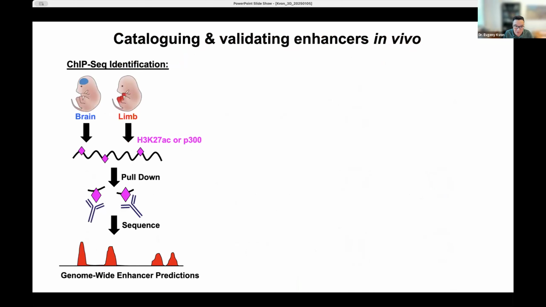To exemplify, this is a typical method used in mouse embryos to identify putative enhancers. We isolate the tissue of interest from a mouse embryo, and then we perform ChIP-seq with an enhancer-associated histone mark, such as H3K27 acetylation, or P300. Then you do a pull-down, you sequence, and it results in a genome-wide map of enhancers, right?